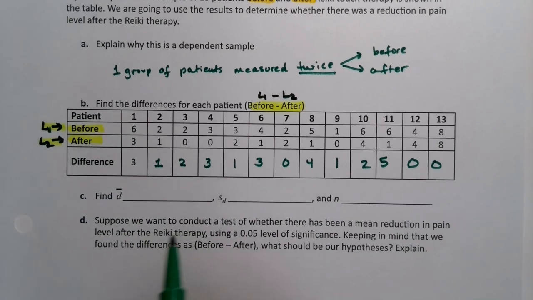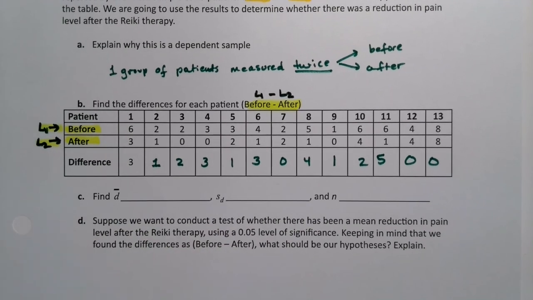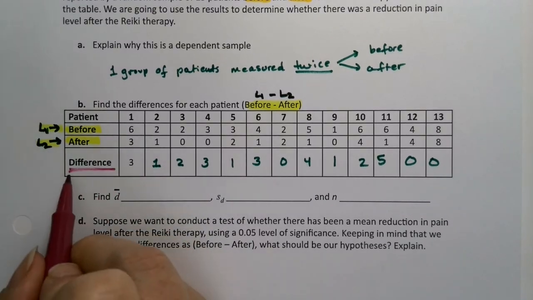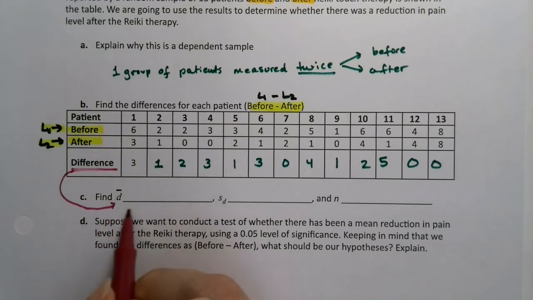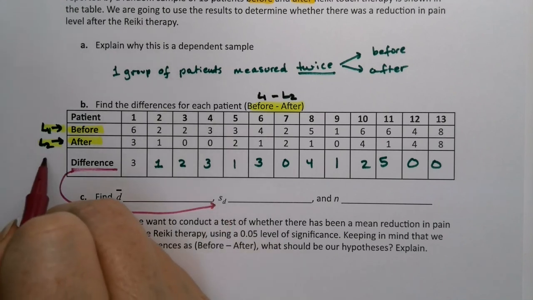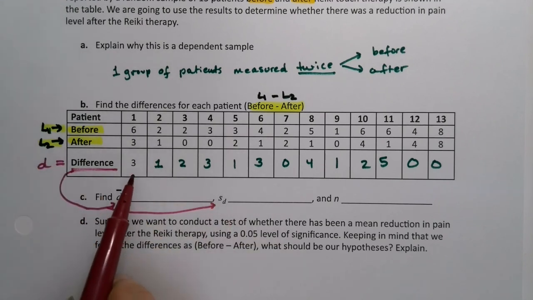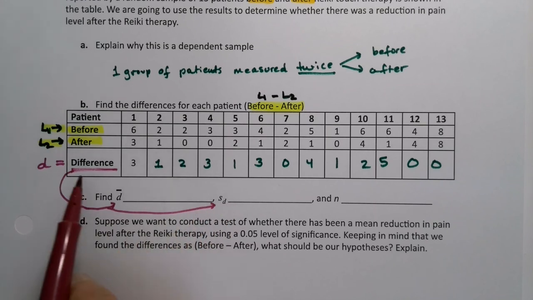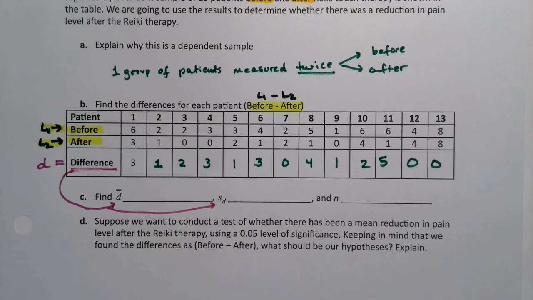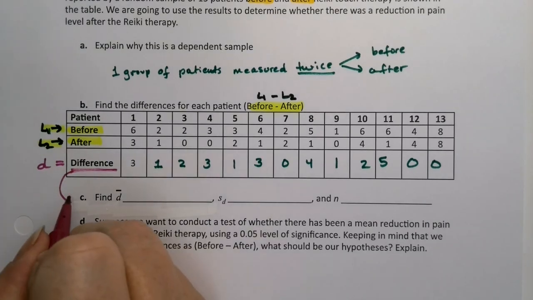But the other reason we need it is these are the differences. So if you see right here, it says differences. And we need those to find these values over here, because that's the mean of the differences, and that's the standard deviation of the differences. So this is D, right? The D that you're doing these calculations for. You need the mean, right? And you need the standard deviation. Actually, I'm going to change my arrow.